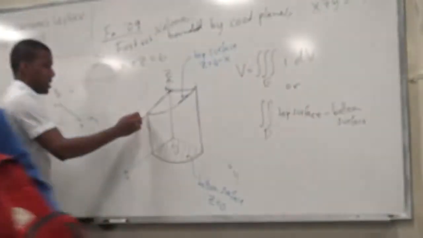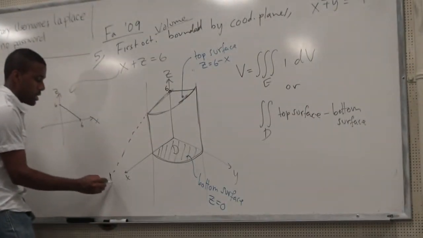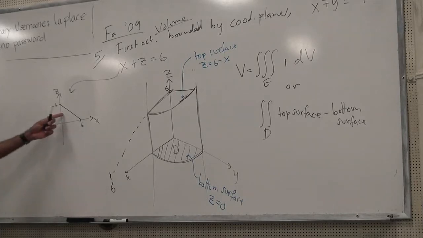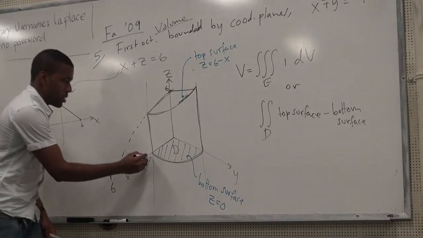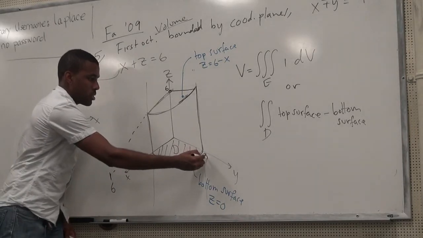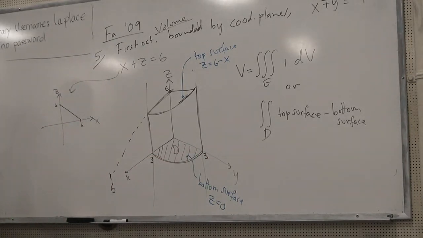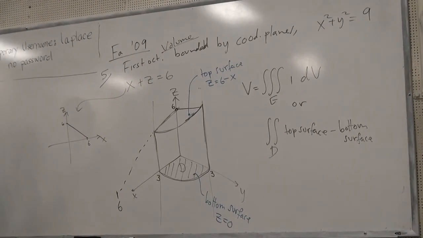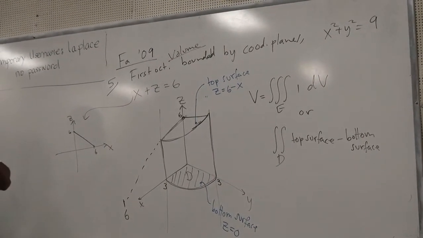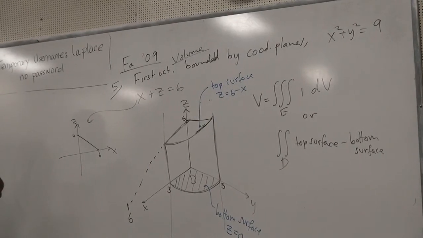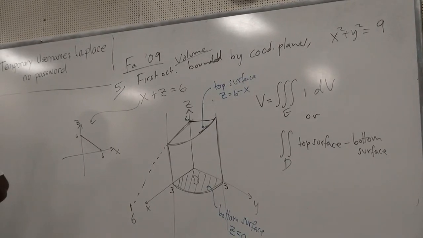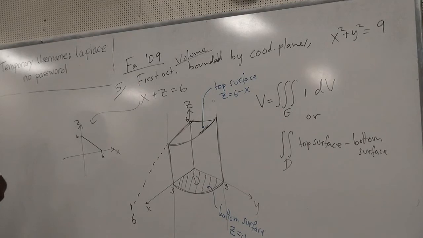If this plane had continued, it would have hit x at 6 as well. And this is a cylinder of radius 3, so that's 3 here. Other questions? Okay, I guess.